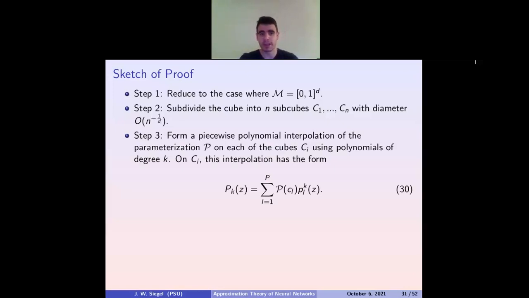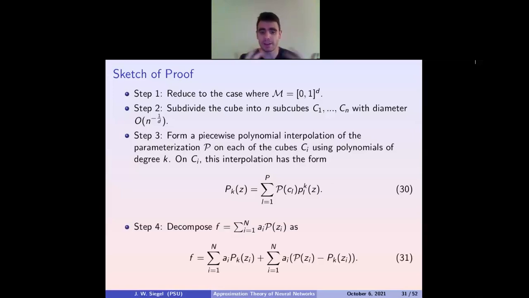Now we take the parameterization map, the map that sends omega and b to sigma of omega dot x plus b, and interpolate it on each of these cubes. We choose a set of interpolation points, c_l, and form a polynomial interpolation of this parameterization map on each of these cubes. In total, it'll be a piecewise polynomial interpolation, which is a polynomial in each of the cubes.